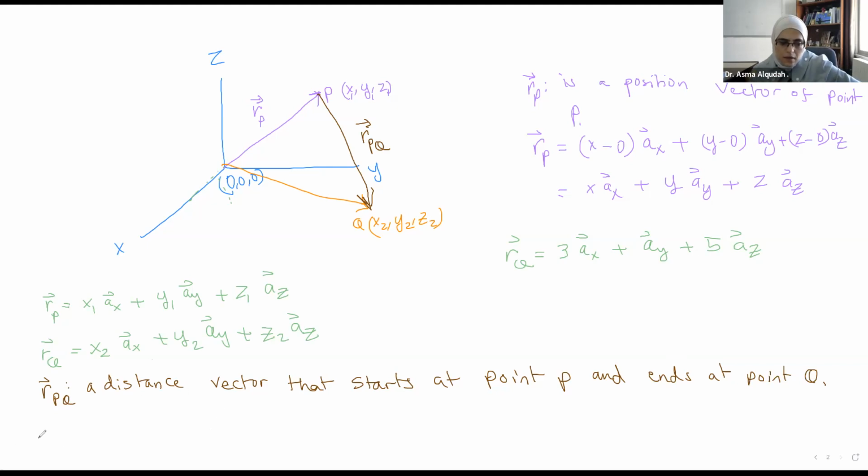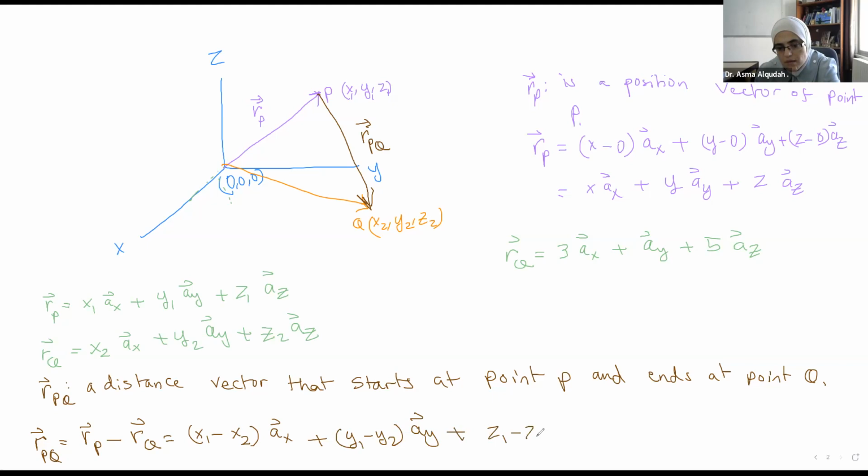Actually, it's very easy. R sub PQ is equal to the position vector of Q, which is R sub Q, minus the position vector of P, which is R sub P, equal to x2 minus x1 along the x direction plus y2 minus y1 along the y direction plus z2 minus z1 along the z direction. So this is the distance vector between any 2 points.